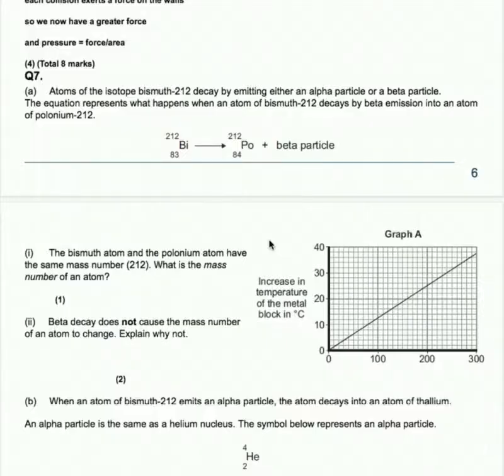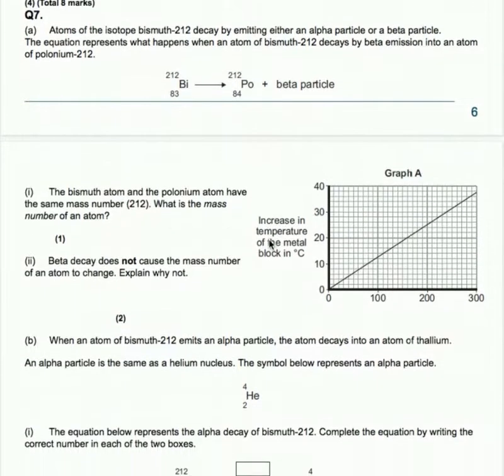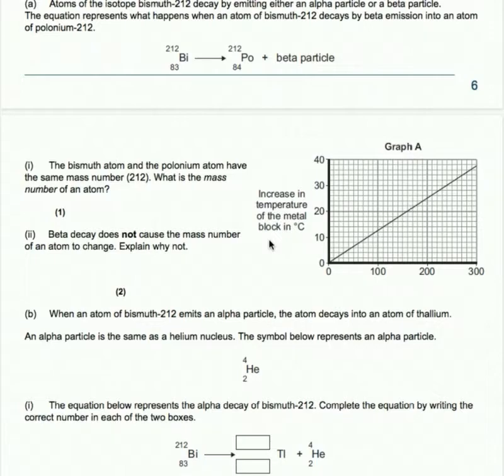Final question. So, final question then, question 7. The atoms of the isotope bismuth-212 decay by emitting either an alpha particle or a beta particle. The equation represents what happens when an atom of bismuth-212 decays by beta emission into an atom of polonium-212. The bismuth atom and the polonium atom have the same mass number. What is the mass number of an atom?